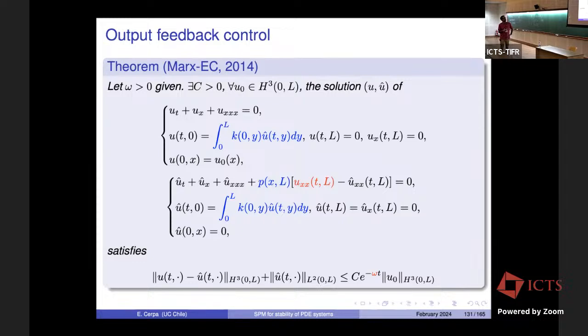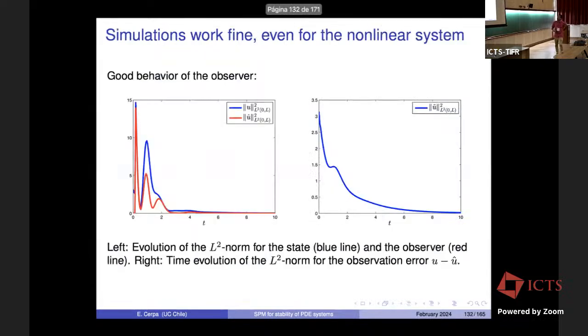And so you need U hat, and U hat is given by the second equation, depending on this P. This is a given function now, this K is a given function, and the red term here is the output that you can measure from the inner system. So now your control only depends on this red term, Uxx at x equal to L. And we can prove that all this is going to 0 in an exponential way.